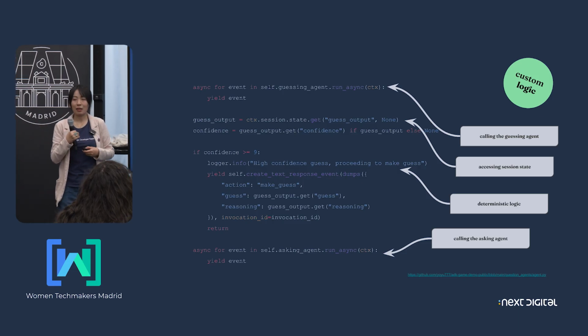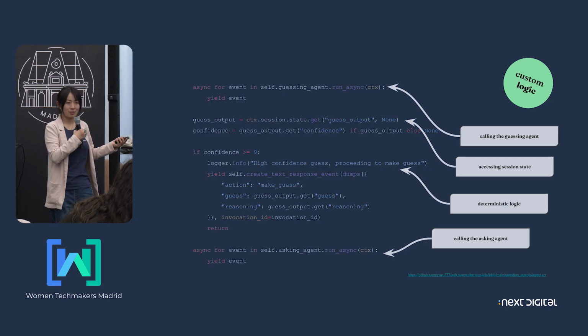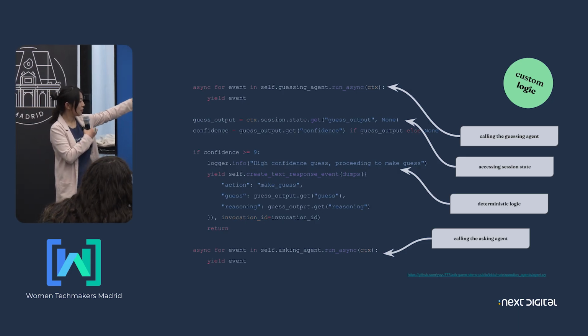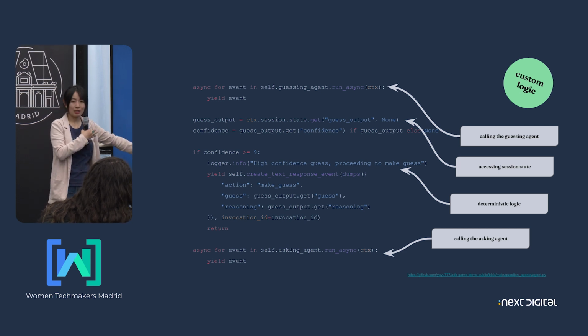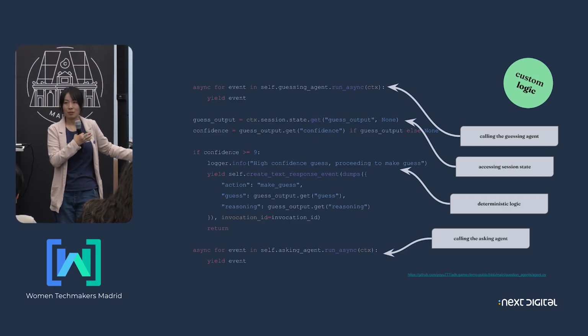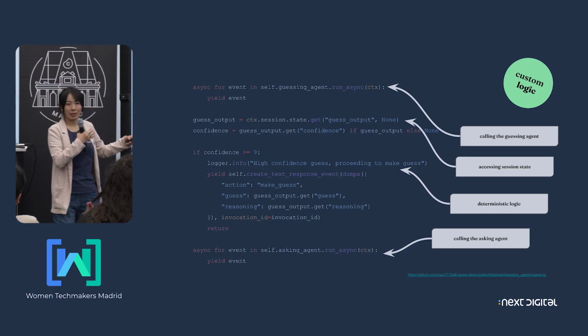In our live demo, the agent was confident that bear was the answer, which is why it produced that guess. And if the agent didn't feel confident enough, we go back to the asking agent and ask it to ask a question to further narrow down the answer. So this is a custom logic I have.